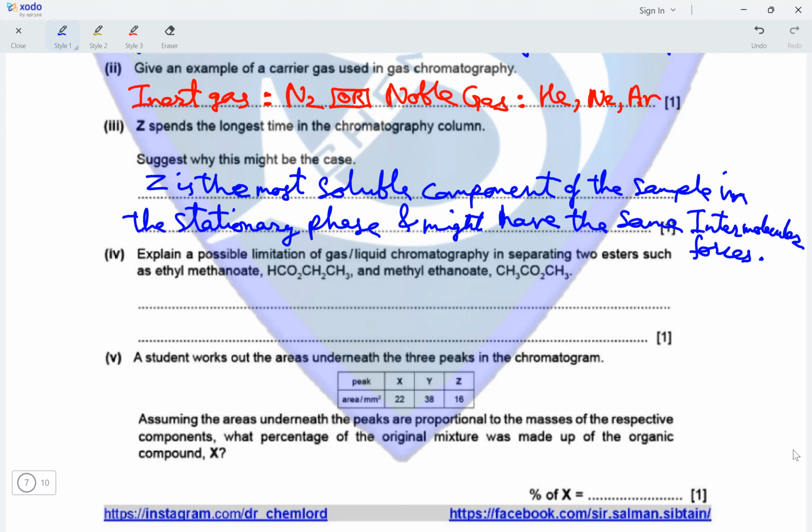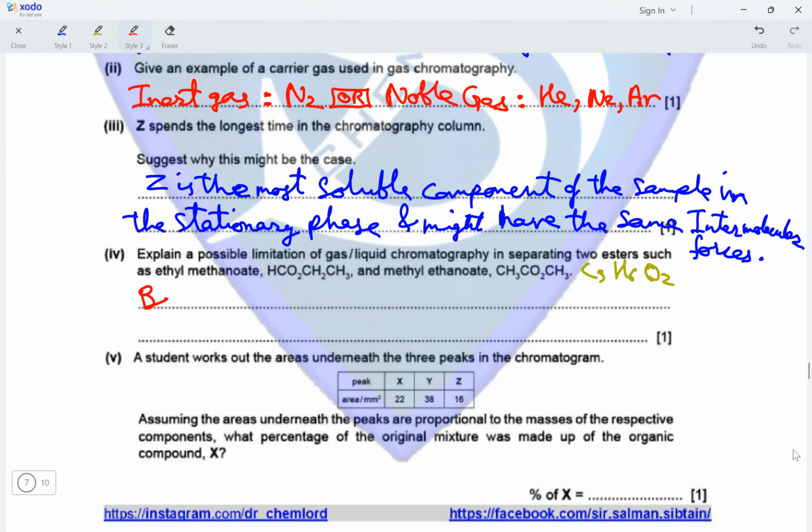Next, explain a possible limitation of gas liquid chromatography in separating two esters such as ethyl methanoate and methyl ethanoate. So ethyl methanoate has a molecular formula of C3H6O2, and methyl ethanoate also has the formula C3H6O2. Ethyl methanoate and methyl ethanoate both have the same molecular formula, which means they've got the same Mr and they are both esters. So that could be the reason why they can't be separated.